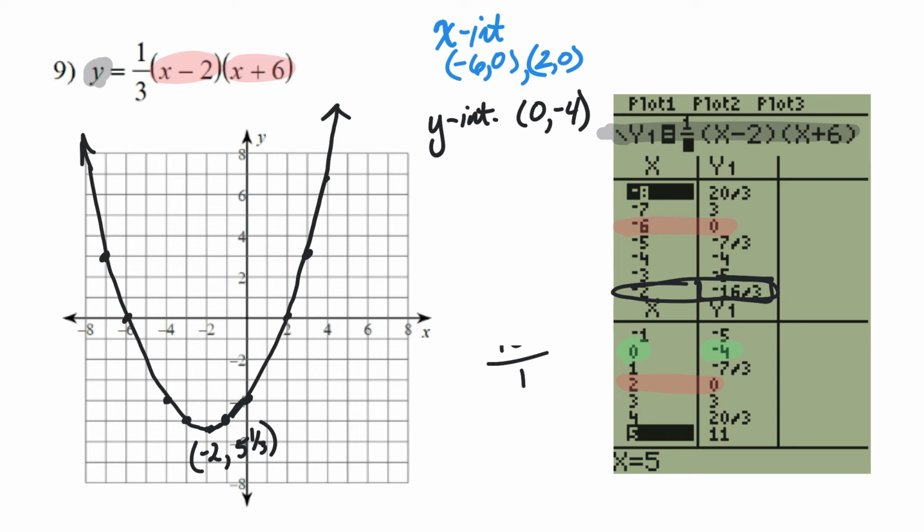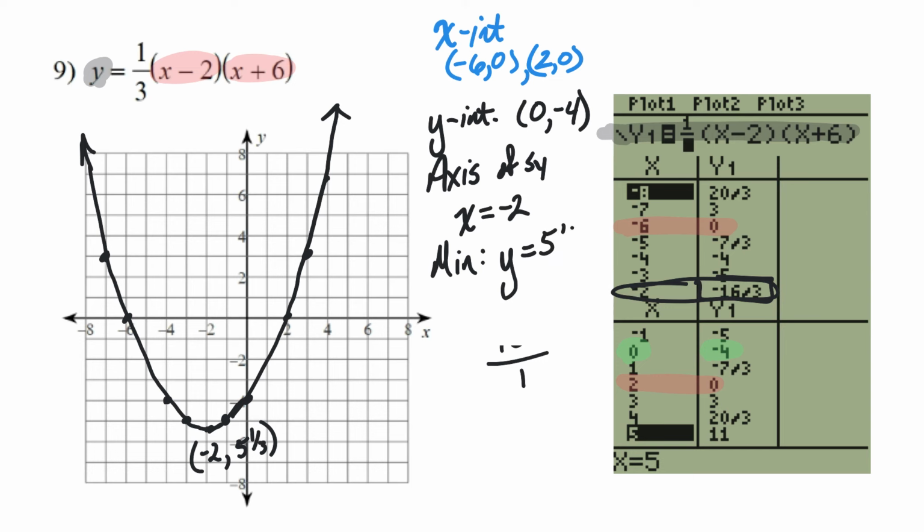So let's go ahead and name them. First off, our axis of symmetry. Remember, the axis of symmetry is the x value of the vertex. So that would be x equal to -2. This one also has a minimum. Unfortunately, I picked all examples that had minimums, but if it would have opened downward, we would have had a maximum value.